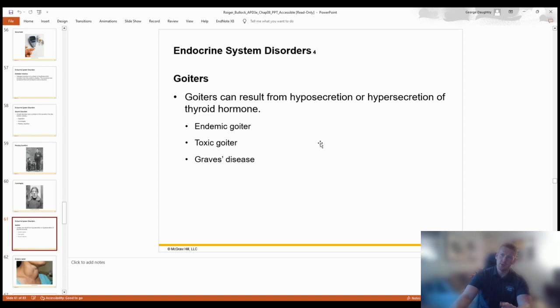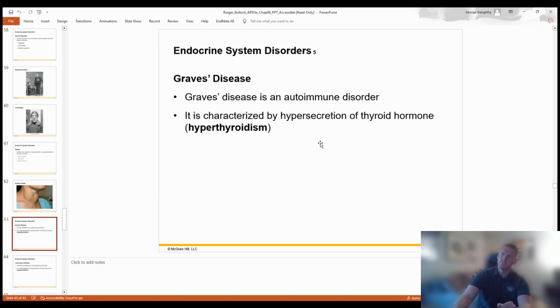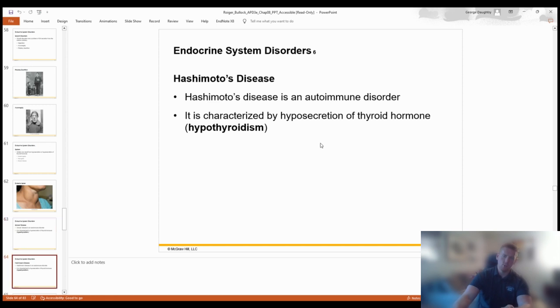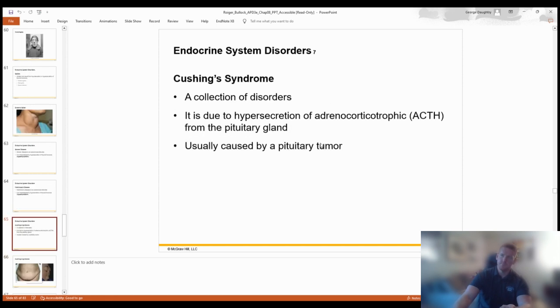Okay, and just remember that goiters are typically associated with Graves' disease, right? And it's dysfunction of the thyroid hormone or thyroid gland. Okay, there's hyperthyroidism and there's hypothyroidism. Hyper, too much thyroid hormone. Hypo is not enough thyroid hormone. Okay, hyperthyroidism is called Graves' disease, and hypothyroidism is called Hashimoto's.